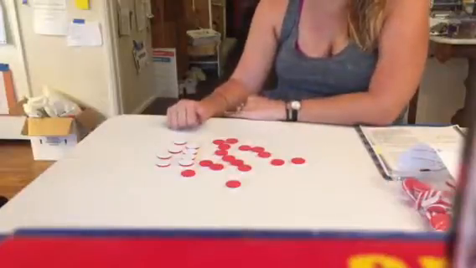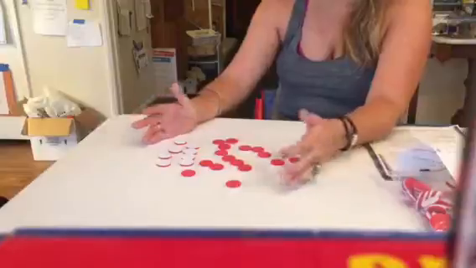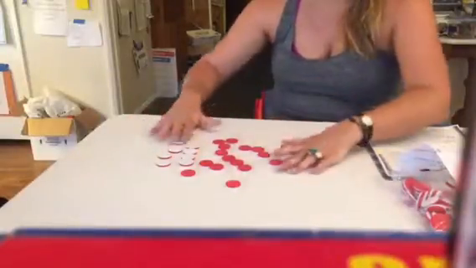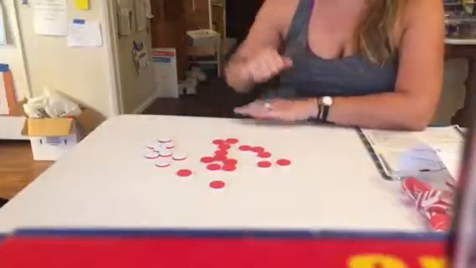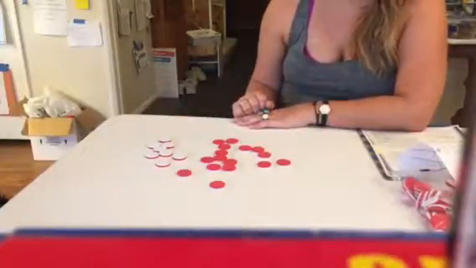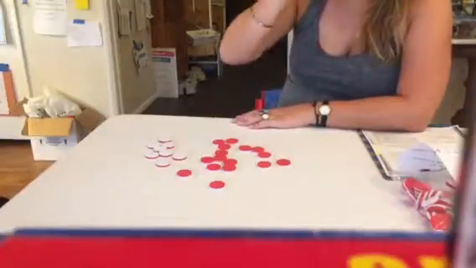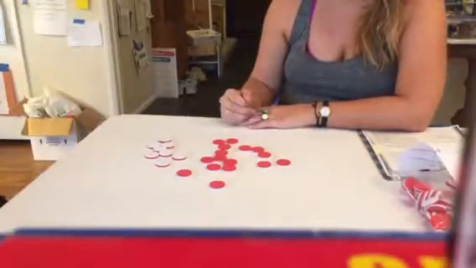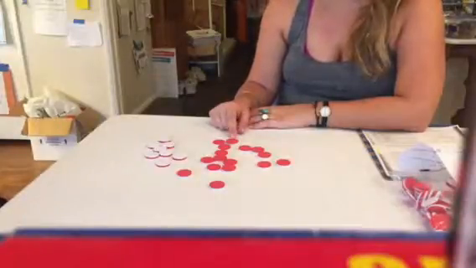24. Good. Okay, so this is our whole. We're just going to be working with these 24 today, okay? And then how many whites? How many potatoes are there? 8. Good. And so then what did we say red was?